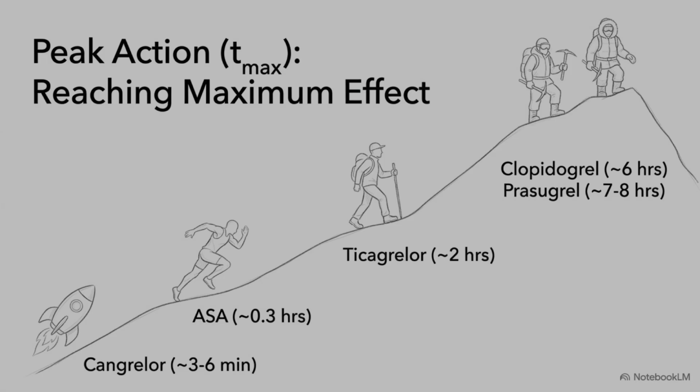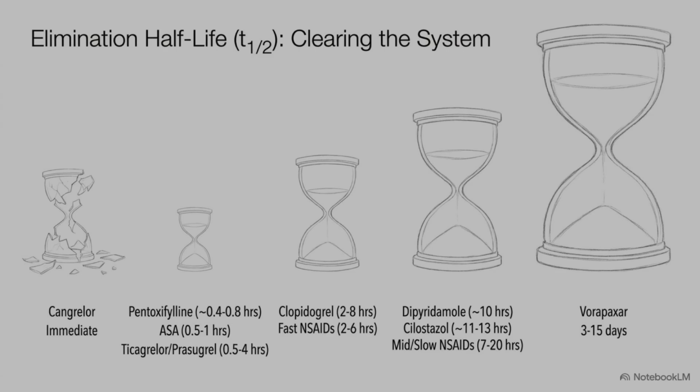This is important to keep in mind when you plan to restart treatment, because the peak action is pretty fast for ticagrelor compared to clopidogrel. And now we come to elimination half-life. These are numbers that you may not need much, but just for the sake of completion, I put them in here.